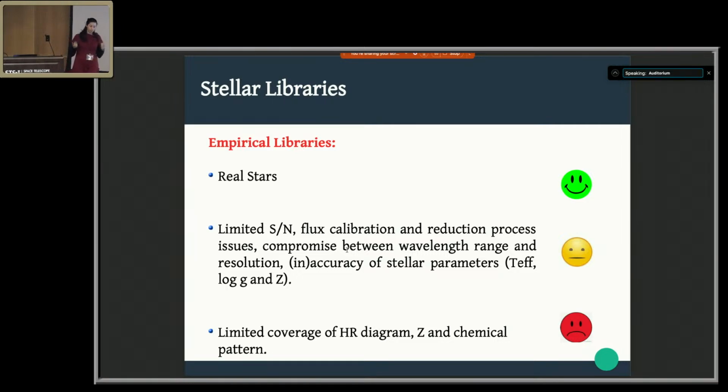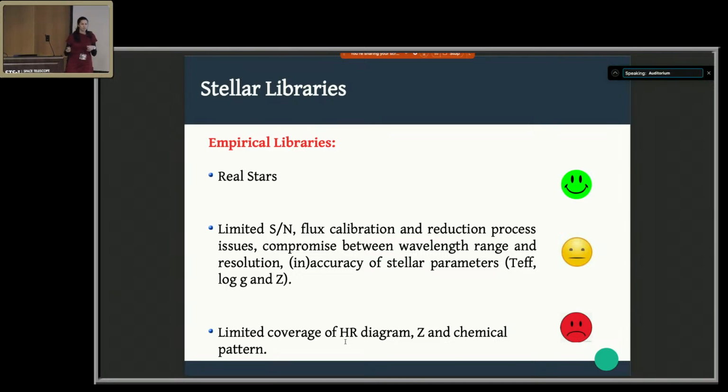And you have errors that are intrinsic to the reduction processes, calibrations, inaccuracy of stellar parameters is a main issue. And the most important one is the limited coverage of the HR diagram. So there is no way to run from this. We are limited by the stars we can observe.